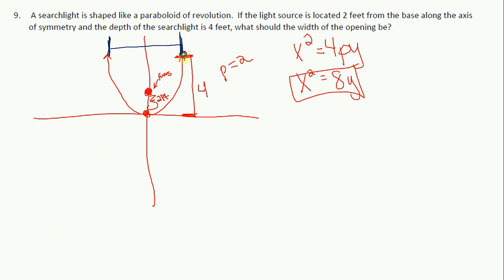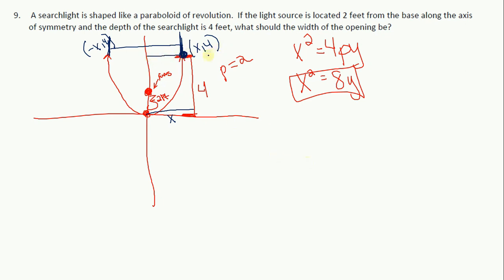Well, if I look here, this dot right here on this graph, I guess I don't know how far away that is from the middle, right? So that would be an x, but I do know it's 4 up. So I know that ordered pair is x comma 4. Same thing over here, right? This would be negative x comma 4. Well, if I find x, that will give me half of my width, right?